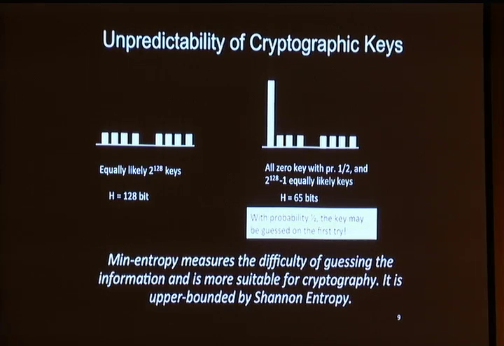Then if the block cipher is secure, the best the attacker can do is try 2 to the 128 many keys to break our cipher. But this will not be true when the keys are not generated randomly.